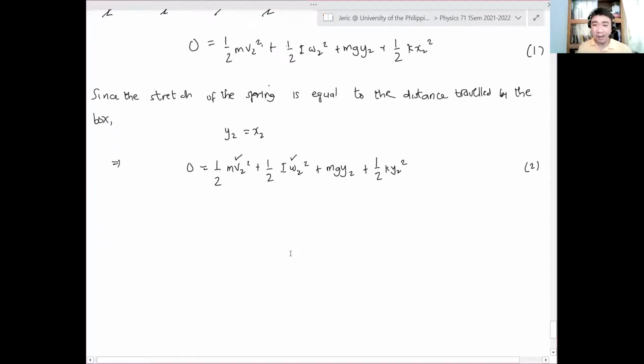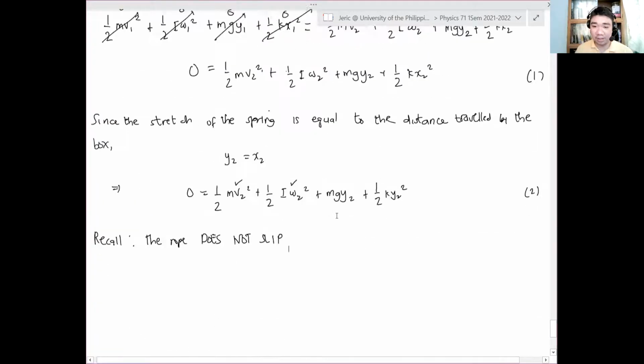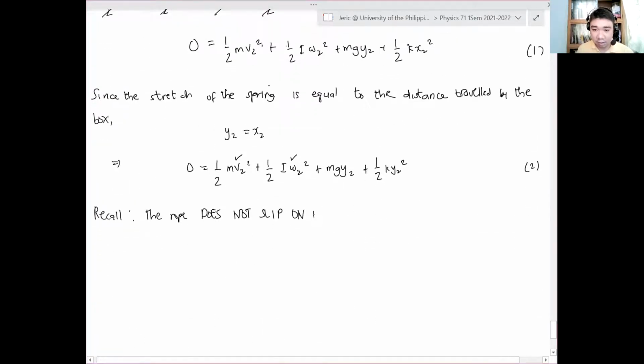Therefore, how do we get that second equation? Recall that the rope does not slip on the pulley. And hence, since the rope does not slip on the pulley, the linear and angular velocities should be related to each other.